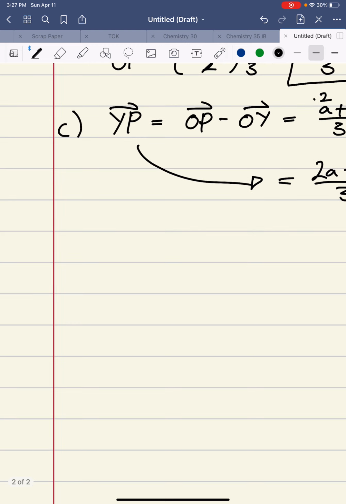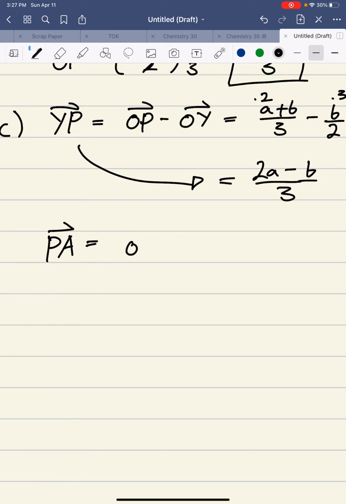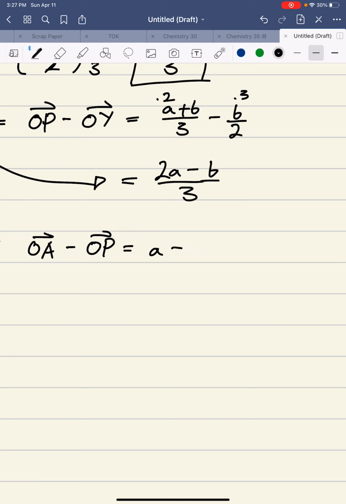And then we want to find PA. PA is simple because we know both values of OA and OP. So that's just OA minus OP, which is just a minus (a plus b) over 3.